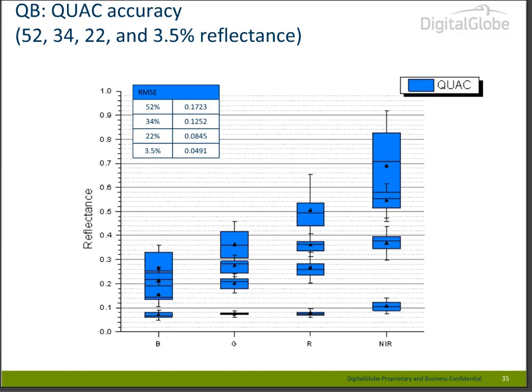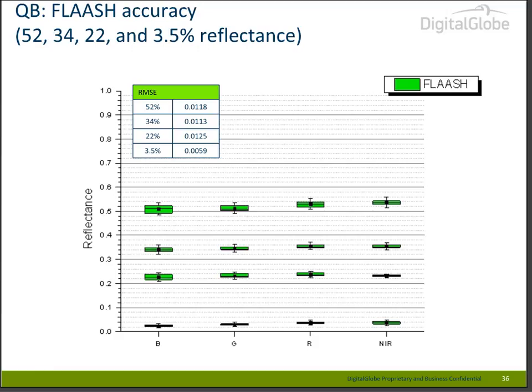Again, this is the result using Quark, and we can see that it doesn't seem to perform very well. We would like to see the 52% retrieval along this line. Instead, it doesn't really perform well, and also the box plot is quite wide, which means that the results are not very consistent. On the other hand, again, FLAASH seems to be working very well.